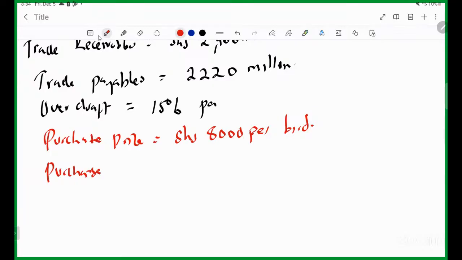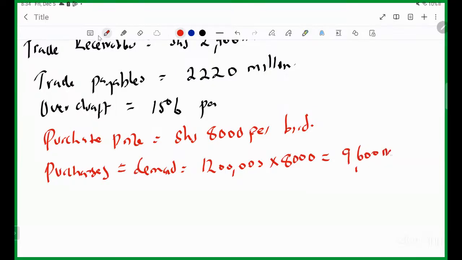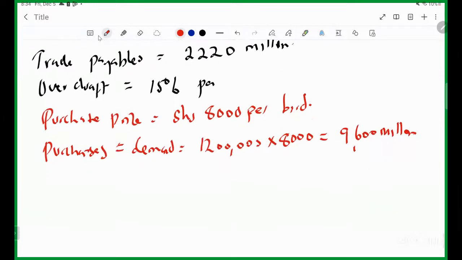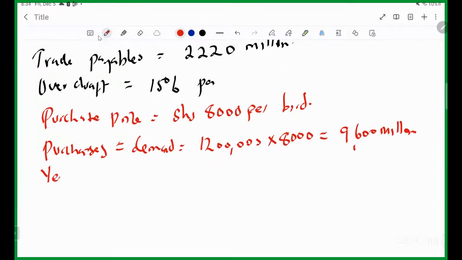By the way, purchase cost is the same as demand. It is 9.6 billion or million. And then don't forget the assumption that a year will have 365 days.